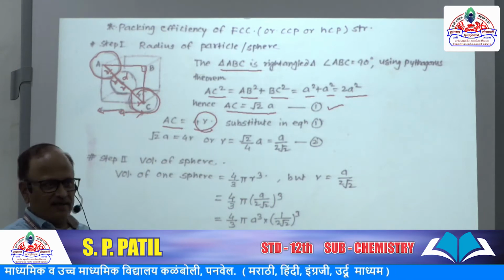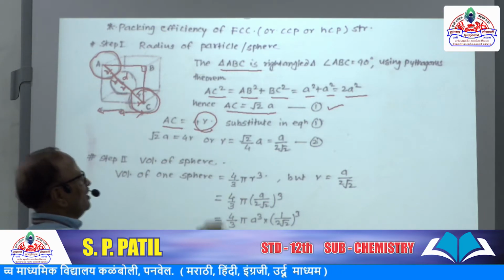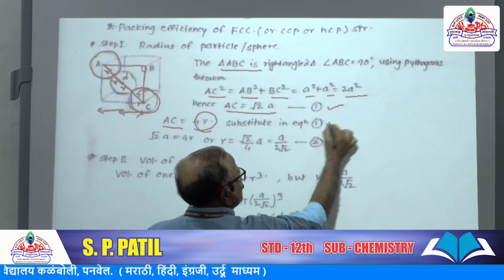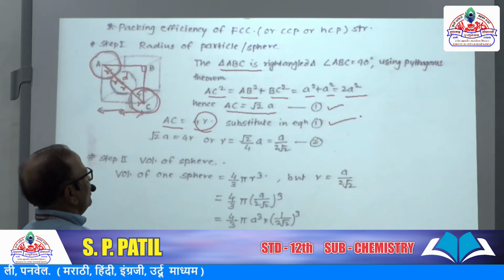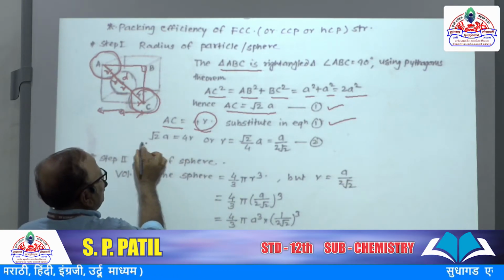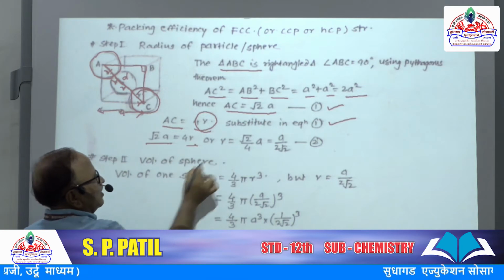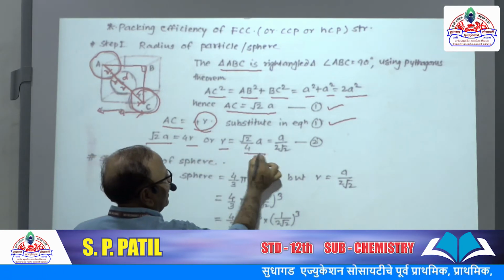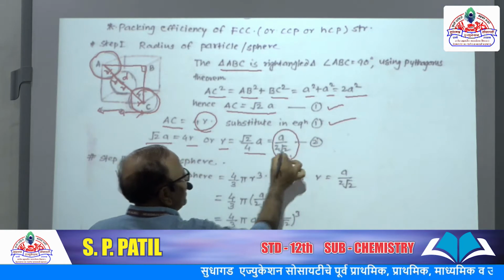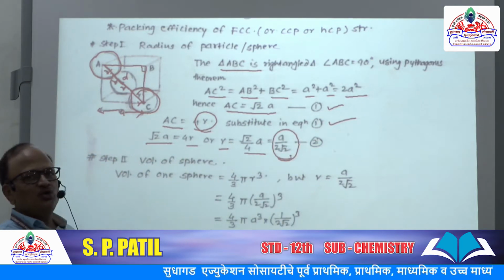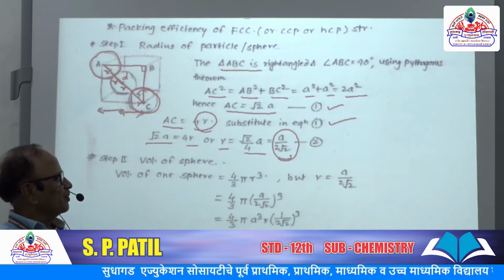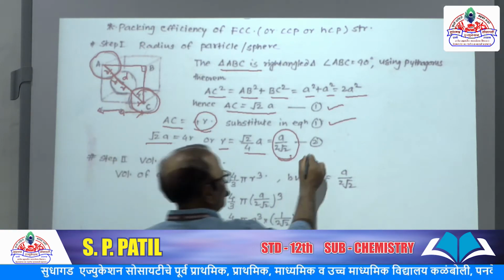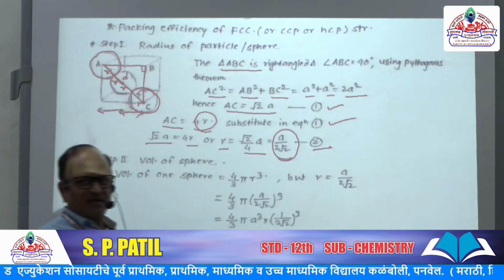Is it right? Now put this value in equation 1. Root 2 a is equal to 4r. Therefore r is equal to root 2 upon 4 a, simplifying, a upon 2 root 2. This is equation number 2.